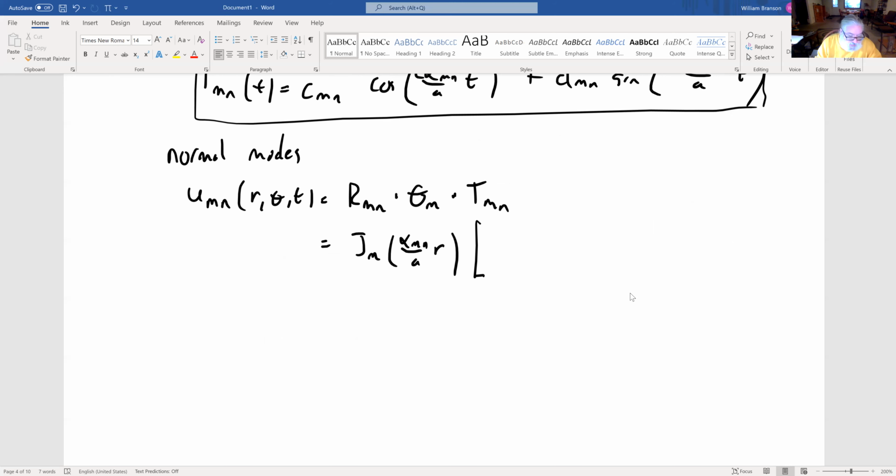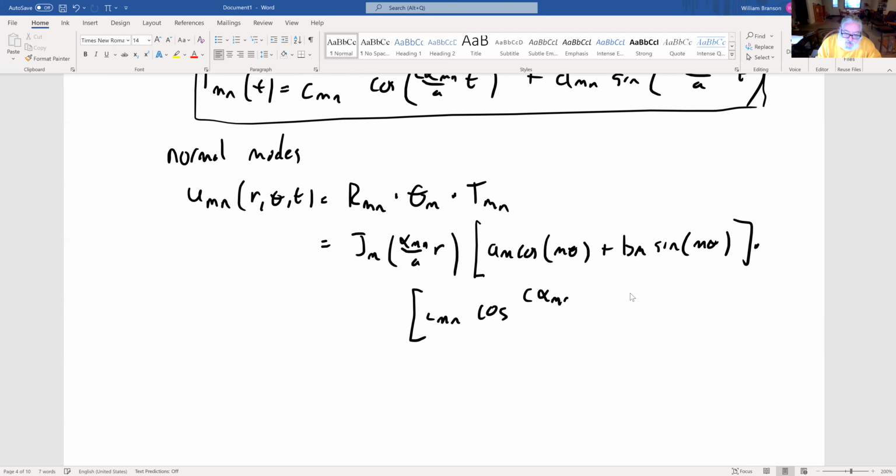And then theta m is Am cosine m theta plus Bm sine m theta, times Tmn, which is Cmn cosine c alpha mn over A t plus Dmn sine c alpha mn over A t, close bracket. Great.